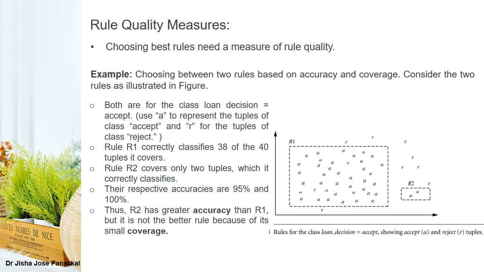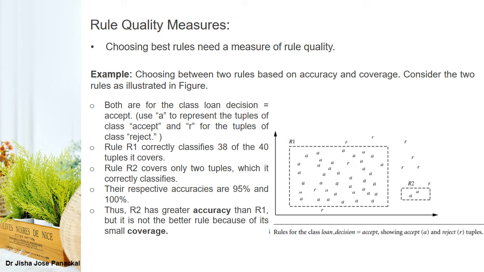Their respective accuracies are calculated as 95% and 100%. That is, R1 has 38 out of 40 correctly classified, with accuracy measured using the previous equations, giving 95%, and R2 has 100% accuracy.